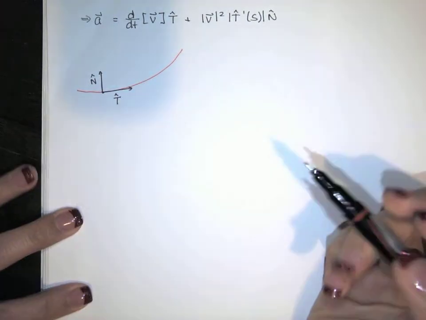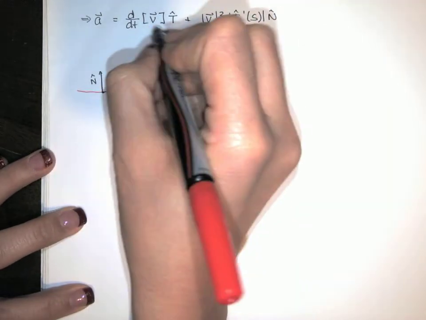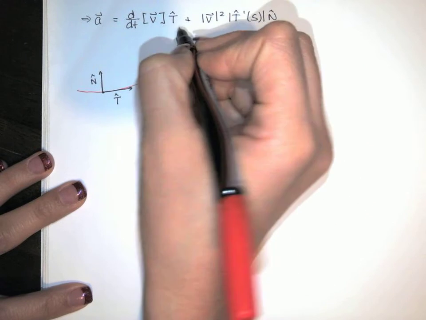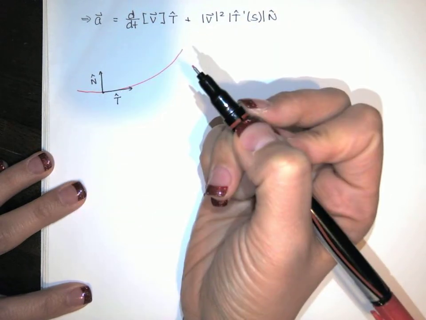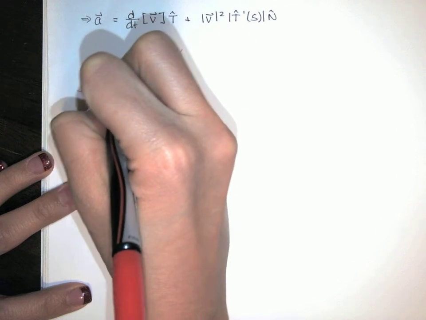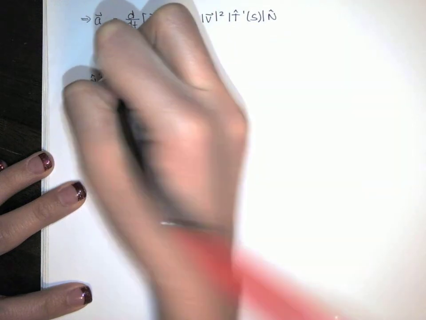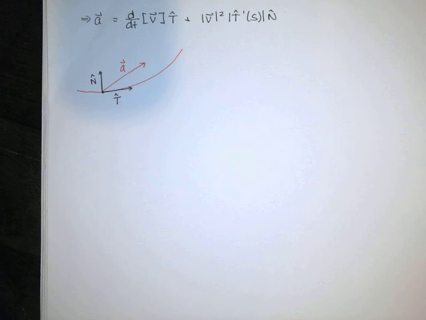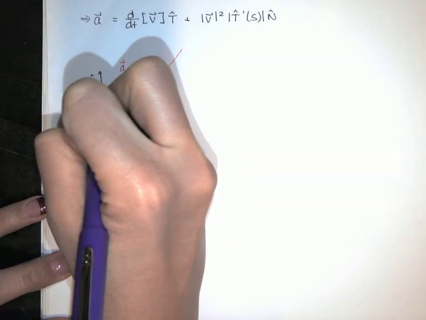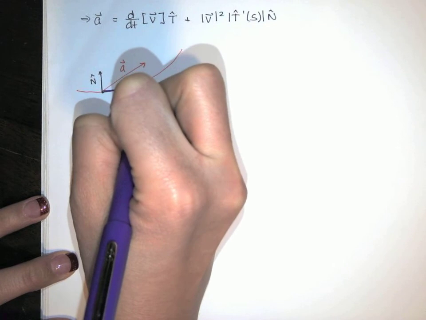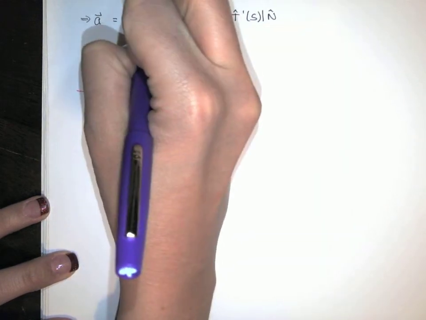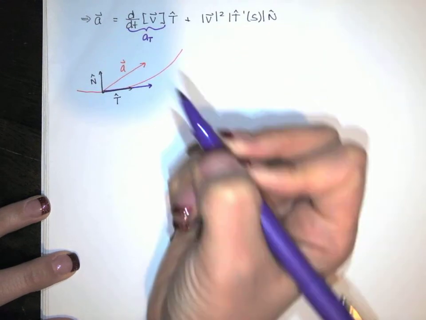Now, according to this formula, our acceleration can be broken down into two components. It's going to have one component in the direction of motion, plus another component in the direction of this unit normal. So maybe it looks like this. I'm not actually sure what it looks like for this particular curve. I'm just going to draw it. So it's got one component parallel to the direction of motion, and I'm going to call that, this constant in front, a sub t.